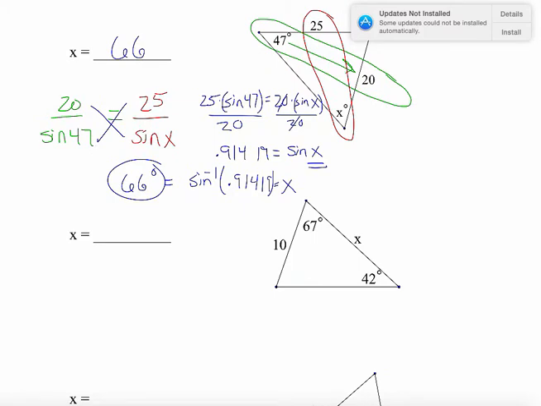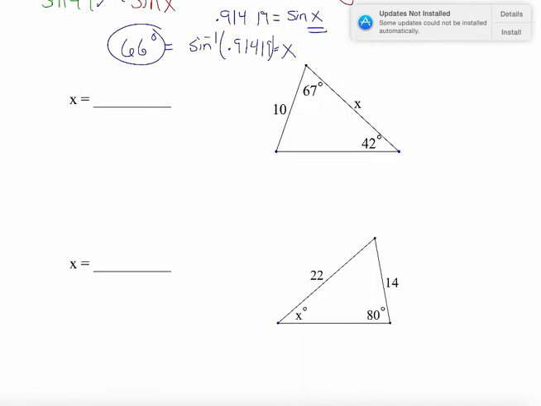So you notice, compared to the first example in this lesson, I didn't have to draw an altitude and do sine twice. This law of sines relationship exists in every triangle ever, and I can just go straight to that and then solve the proportion.